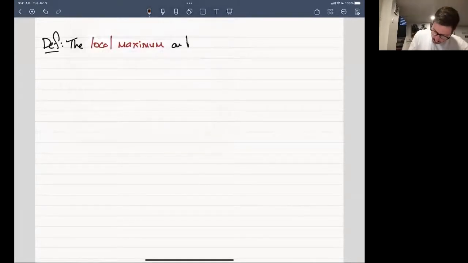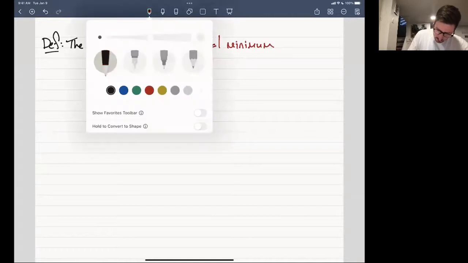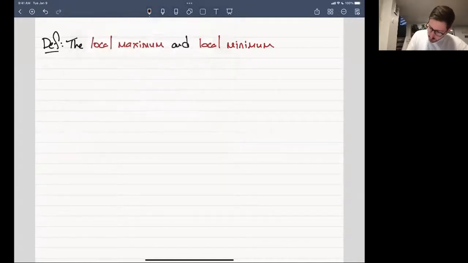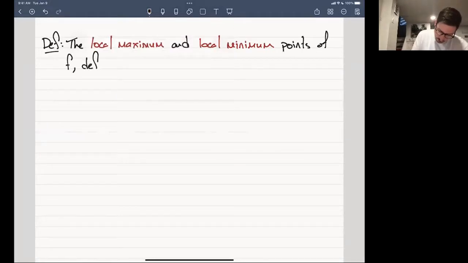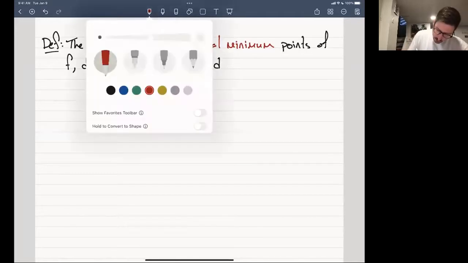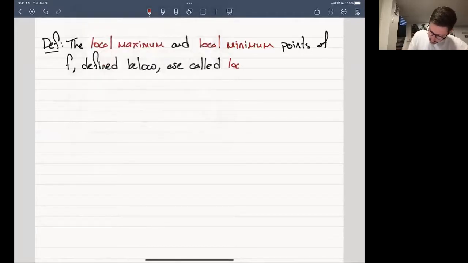And we might as well do it all at once. Local minimum too. Local minimum. Points of f defined below are called local extreme points.